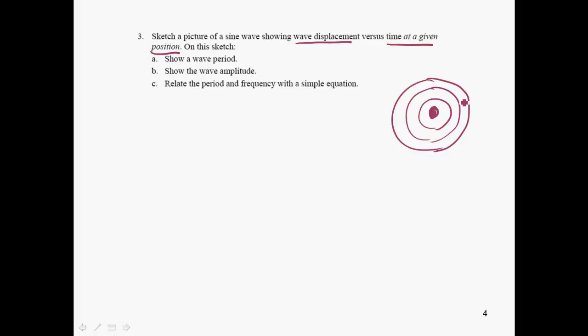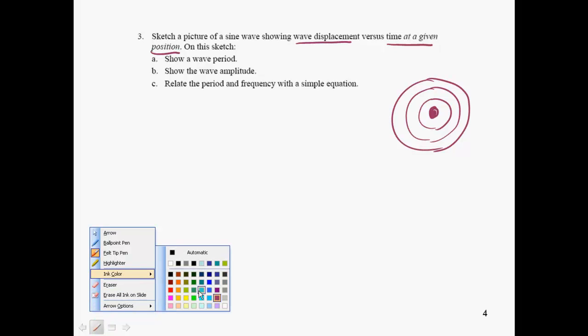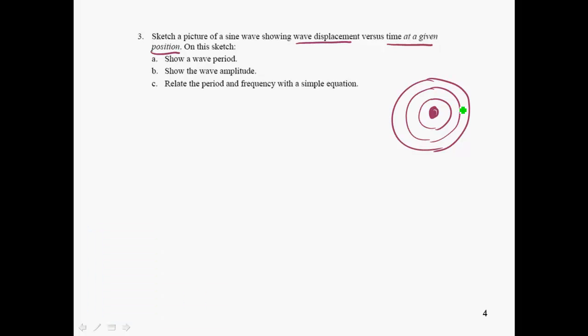Okay? Imagine now that you have a position that you're monitoring. Let's say this position right here. You have a buoy which is attached to the bottom of the ocean or the lake, and then you monitor that, you keep your eye on that position as time goes by.